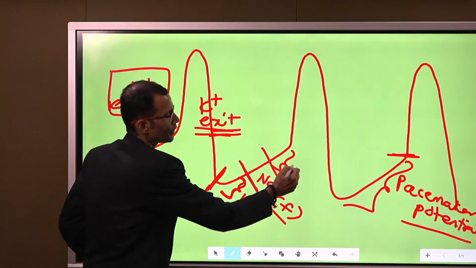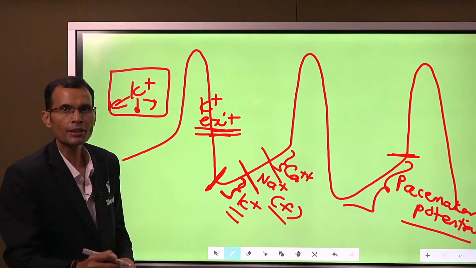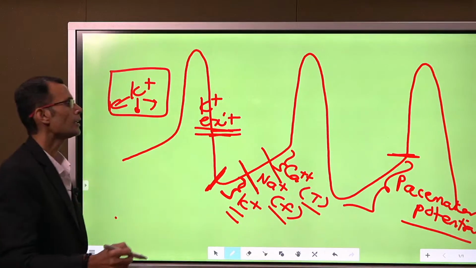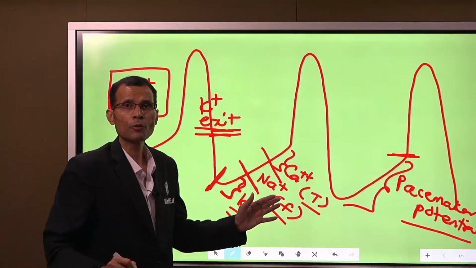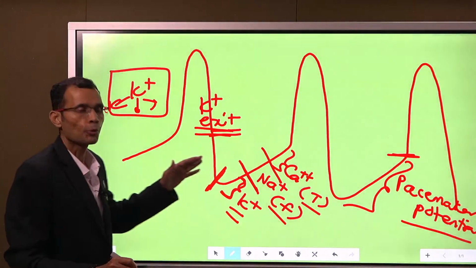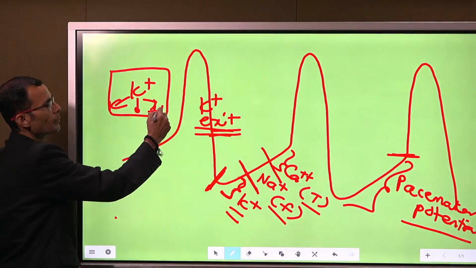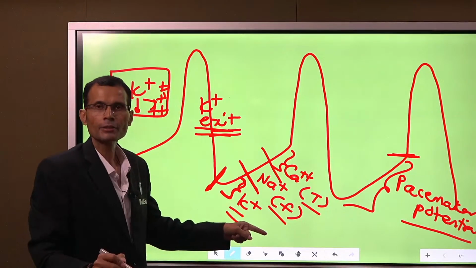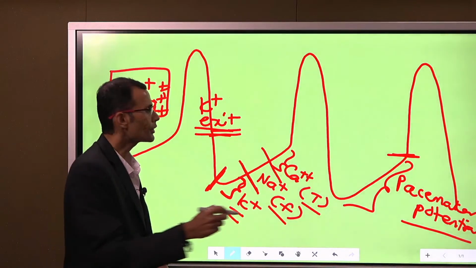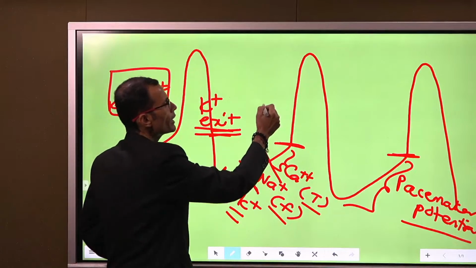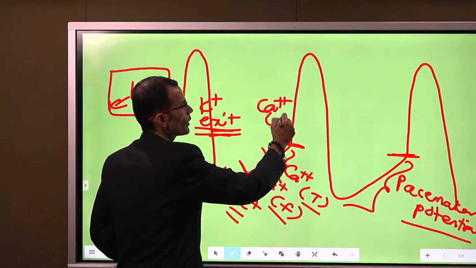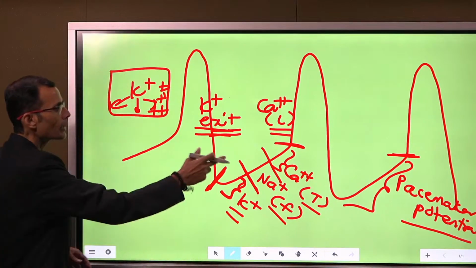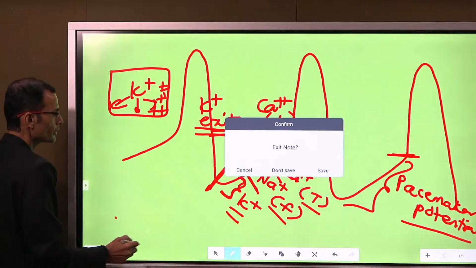And then reaching of threshold is because of the calcium entry through calcium T channels. So that's the ionic basis for pacemaker potential. Potassium accumulated inside the membrane, followed by sodium funny current, followed by calcium T, and the membrane reaches threshold, and then depolarization is completed by influx of calcium through calcium L channels. So that's the pacemaker potential and the currents involved in it.